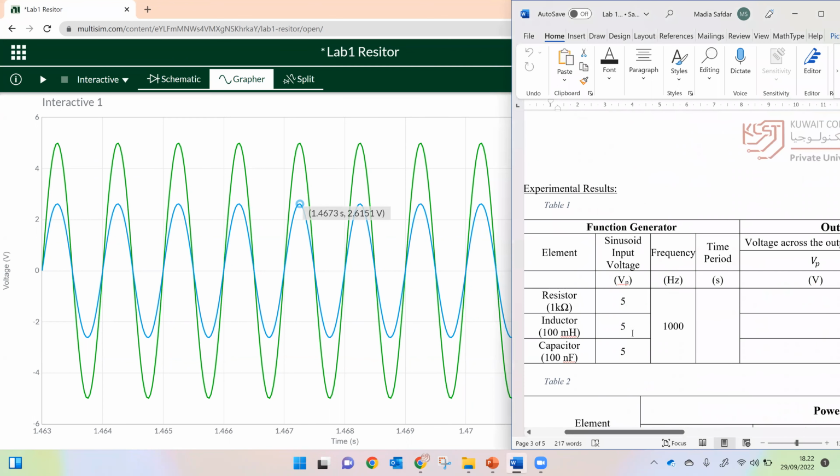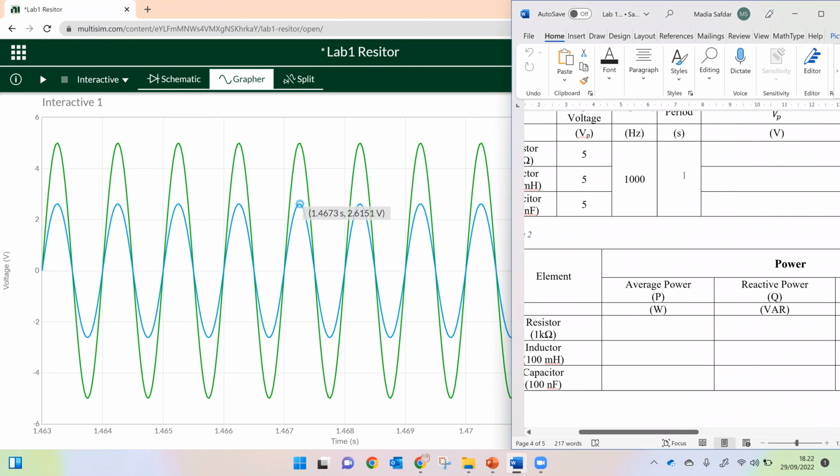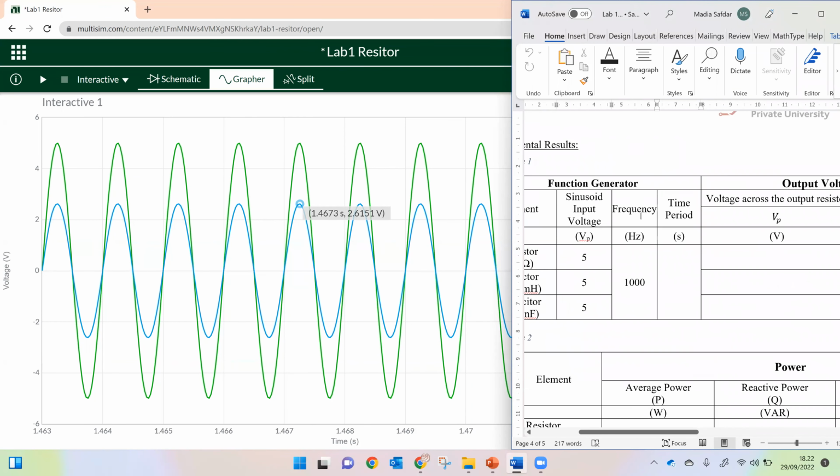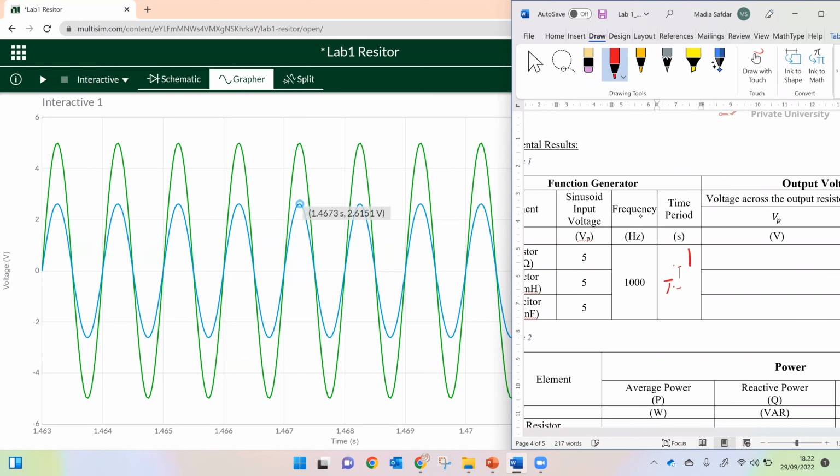You will go down, and one thing here, as the frequency is 1000, what is the time period? Time period T equals 1 by F. With frequency 1000, it will be 1 into 10 to the power minus 3 second.